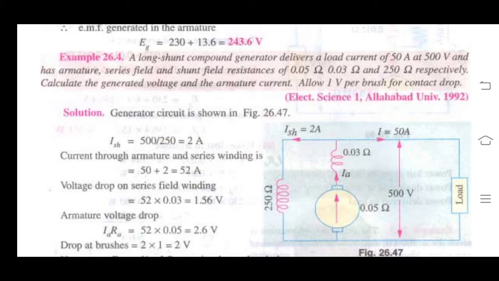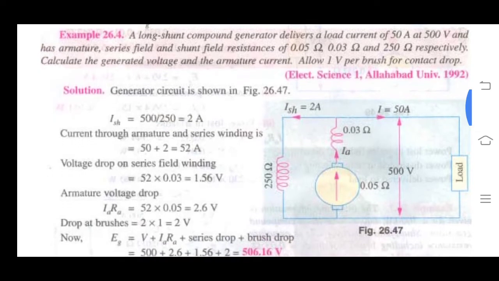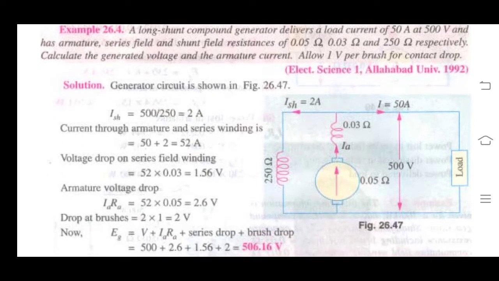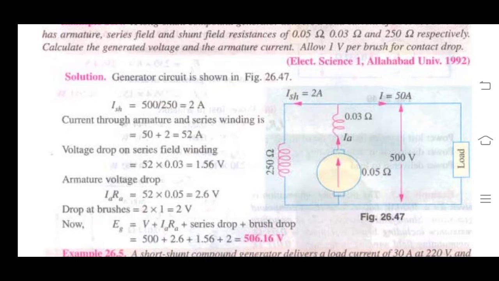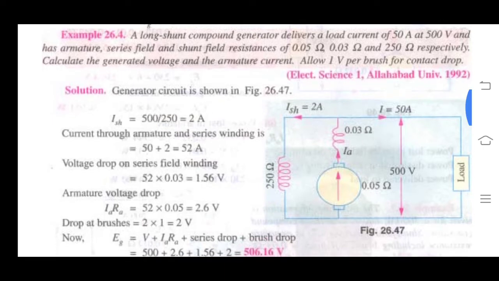Next problem. A long shunt compound generator delivers a load current of 50 amps at 500 volts and has the armature, series field and shunt field resistance of 0.05 ohms, 0.03 ohms and 250 ohms respectively.